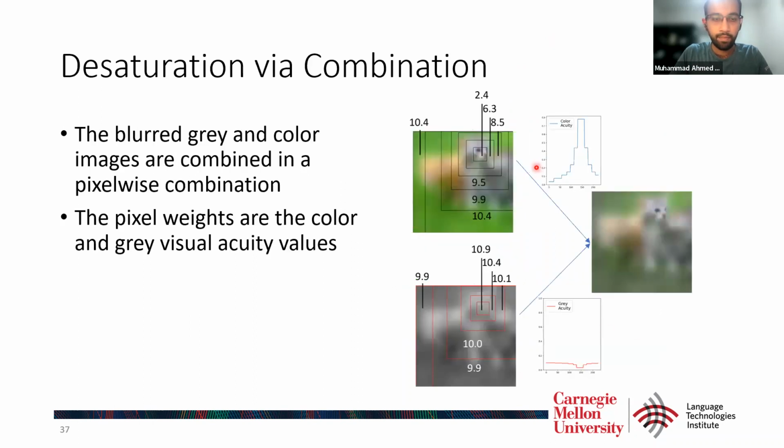Finally, we combine these two images in a pixel-wise weighted combination, and the pixel weights are given by these graphs. This graph spans the whole image, and in the regions further away from the fixation point, the weight of the color image decreases while the weight of the grayscale image increases. That's why you get a grayer image further away from the fixation point.